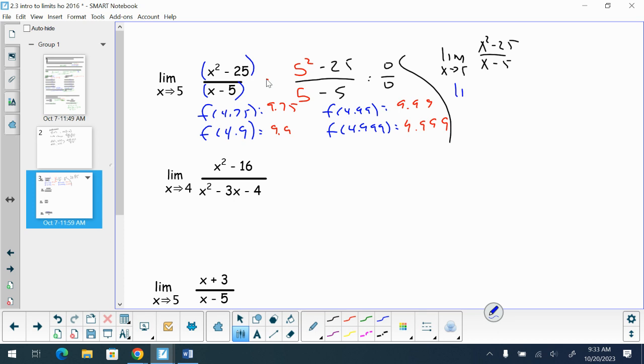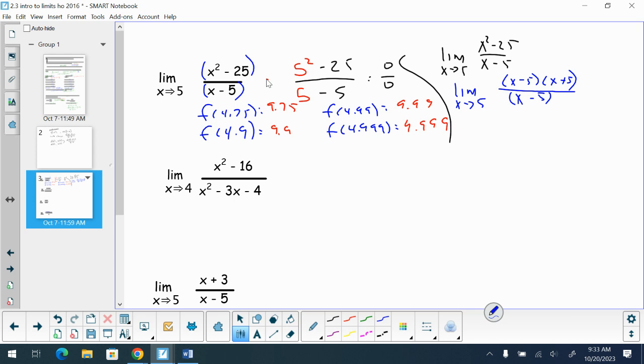But if we take a look at our numerator, x squared minus 25, what could we factor that down to? Difference of perfect squares. We can factor that down to x minus 5 and x plus 5.